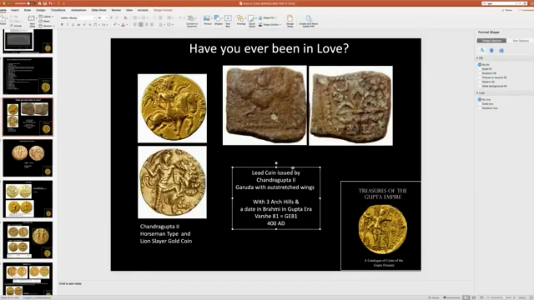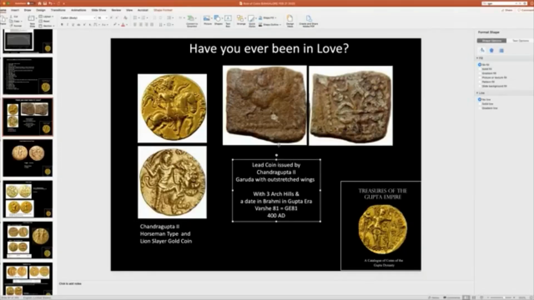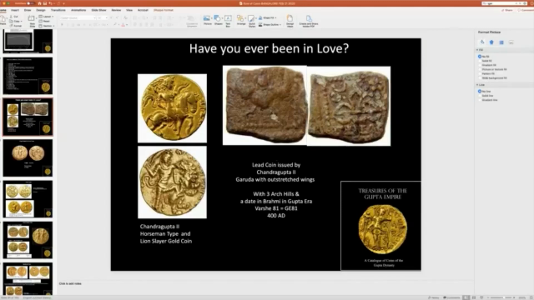And here, some very important things. One, on the front, it's got a Garud, a flying outstretched wing. So that is the Gupta Empire's official symbol. This is the three-arch hills, which was always used by Kshatrapa mints on the Kshatrapa coins. So we know this is a coin in lead issued by the Kshatrapa mints, right? And then underneath here, it's not very clear on this image, but we can see Varshe 81, which is 400 AD.